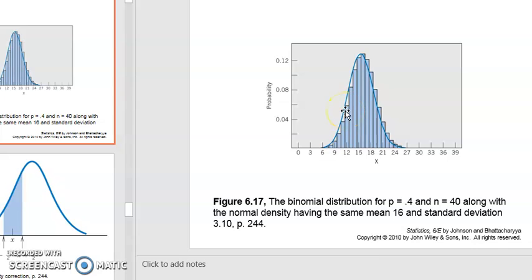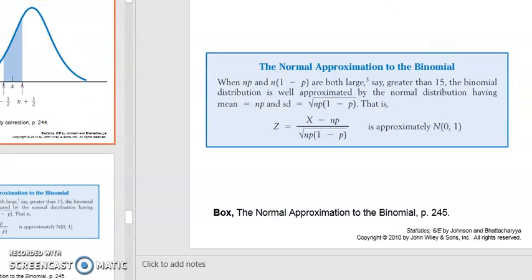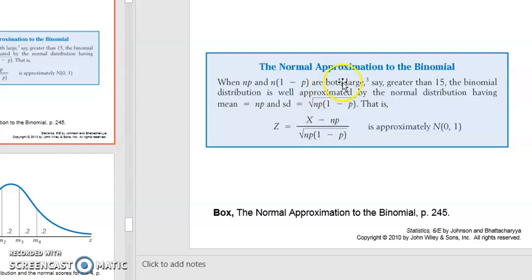There's a little bit of gaps, but you can see it's very close. So there is a theorem that we have for a binomial distribution with a large sample size, and usually if it's, say, greater than 15, but the bigger the better, the binomial distribution can be approximated by a normal distribution having the mean n times p.